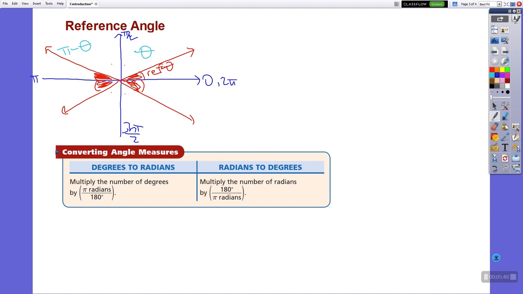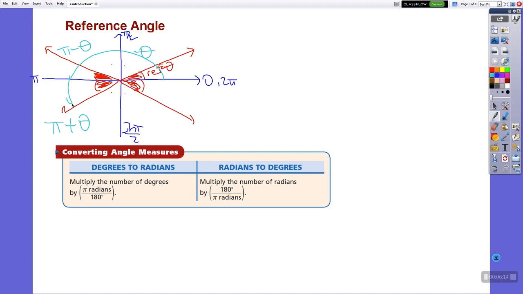In the third quadrant, your original angle will be pi plus theta, because you are adding 180 to the reference angle.